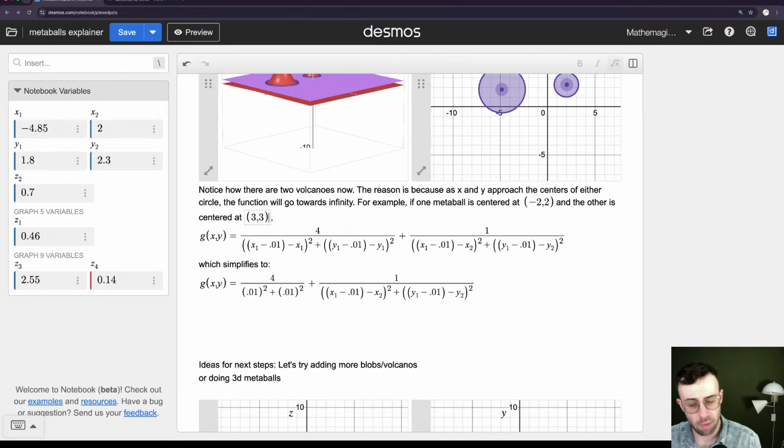Yeah, we can do 3, 3. Both with radius 1. Our equation becomes, let's make it H.